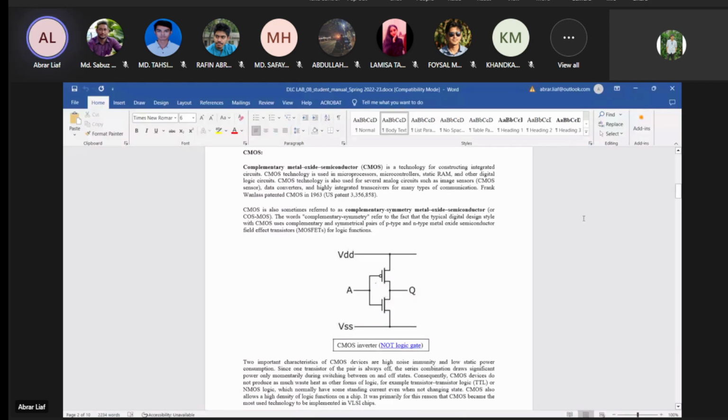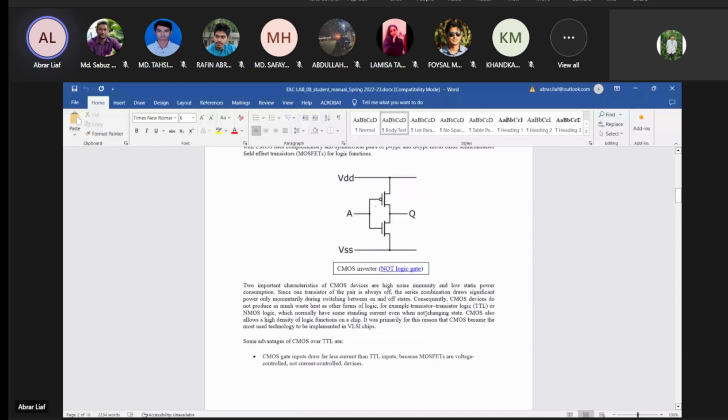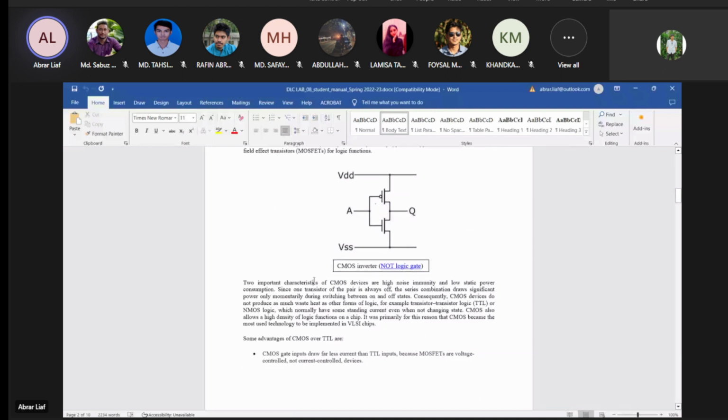So what are the important characteristics of CMOS? One of them is that it has a high noise immunity. That means it is not prone to noise at all. So you can place CMOS in a circuit which is noisy and still it will function very well. And also it has low static power consumption.